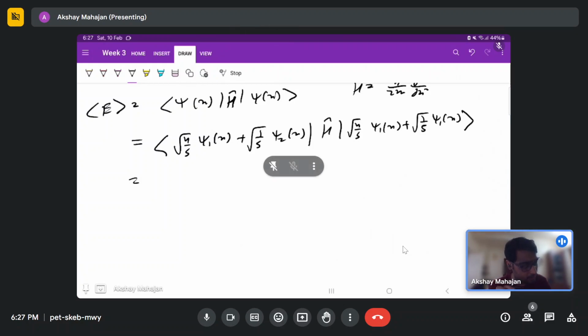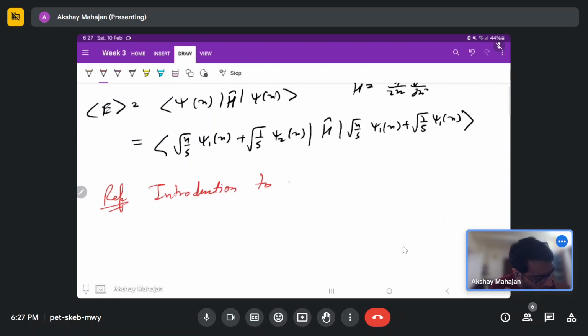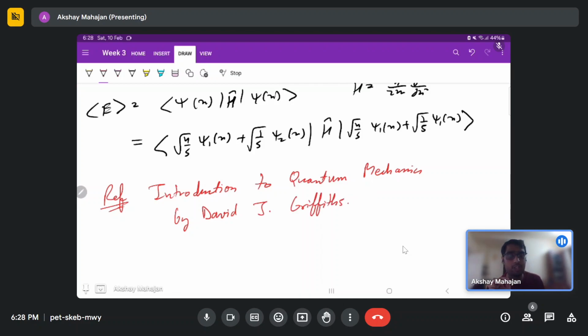So the book is Introduction to Quantum Mechanics. Let me just write it. Reference: Introduction to Quantum Mechanics by David J. Griffiths. This is a very nice book for introductory quantum mechanics.